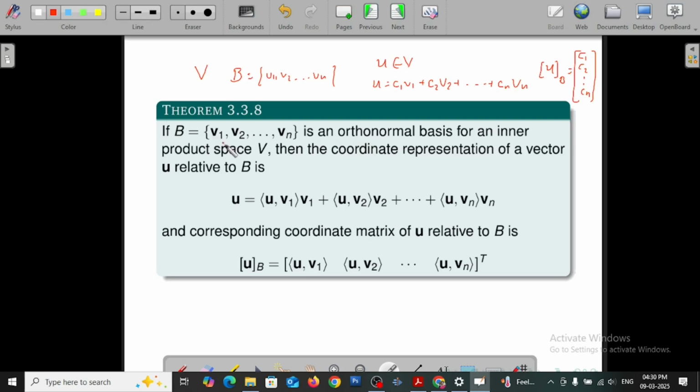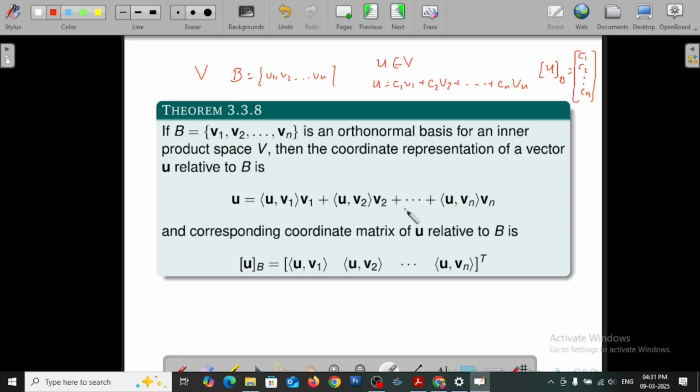So, if B equal to V1, V2, etc., Vn is such an orthonormal basis for an inner product space V, then the coordinate representation of a vector u relative to B is u equal to inner product u v1 into v1 plus inner product u v2 into v2 plus etc. plus inner product u vn into vn. And the corresponding coordinate matrix of u relative to B is this column matrix. That is, we are writing the coefficients of v1, v2, etc.